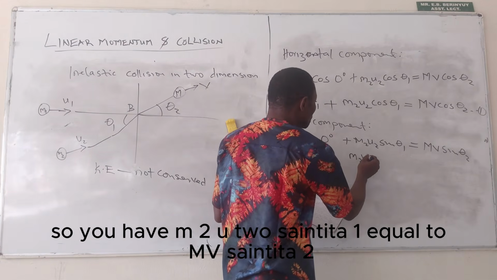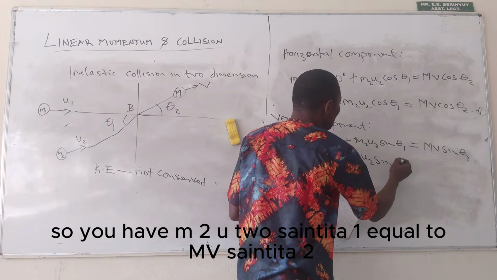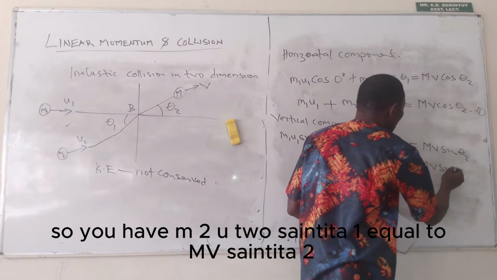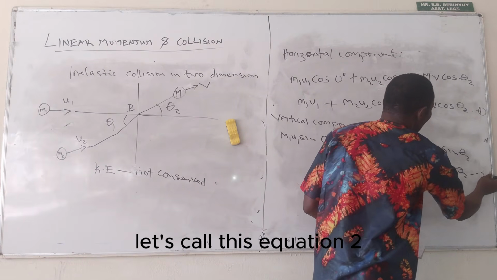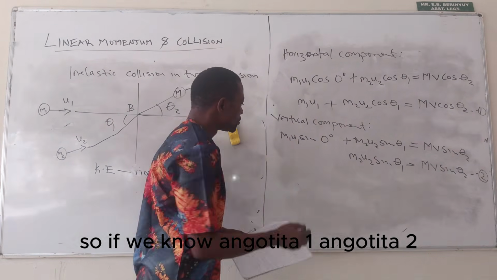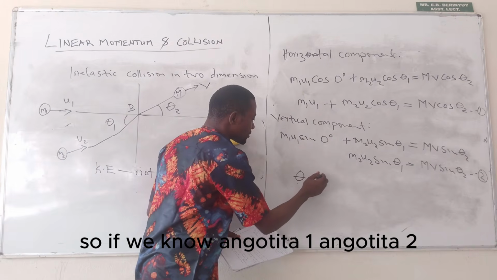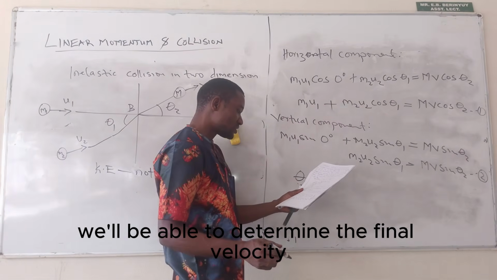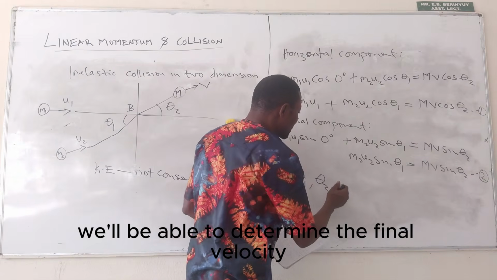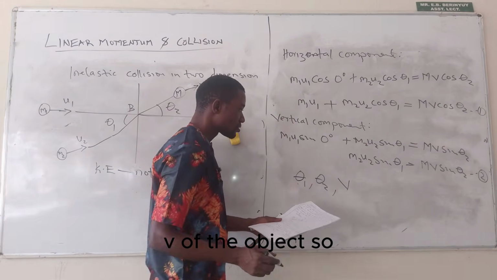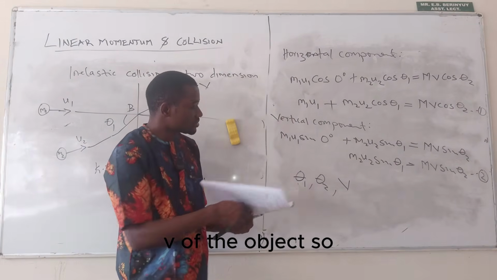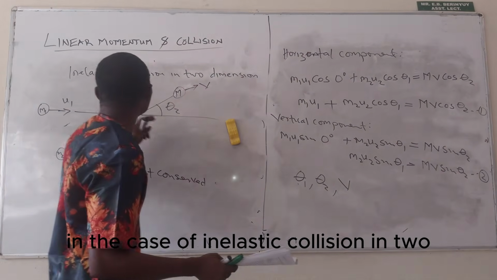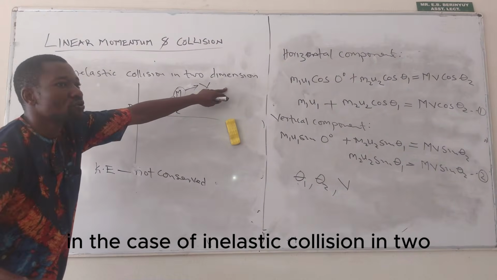So you have m2 u2 sine theta 1 equal to mv sine theta 2. Let's call this equation 2. So if we know angle theta 1, angle theta 2, we'll be able to determine the final velocity v of the object. So this is how we go about in the case of inelastic collision in two dimensions.